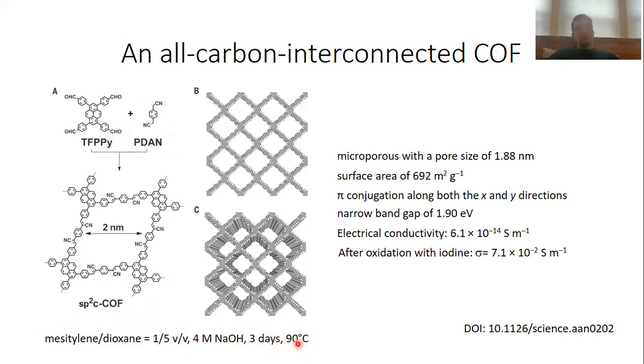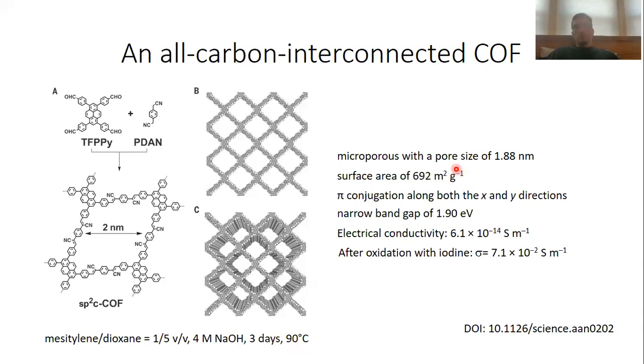And if you react this mixture long enough, then you will get this covalent organic framework precipitating out of the solution. In this case, we get a microporous framework with a pore size of approximately 1.9 nanometers and a surface area of 692 square meters per gram.